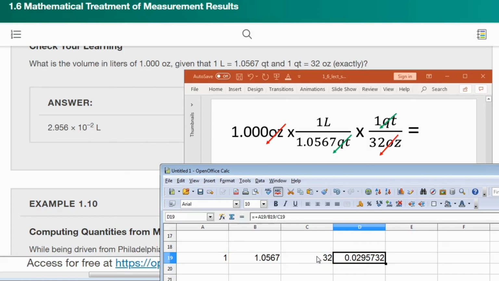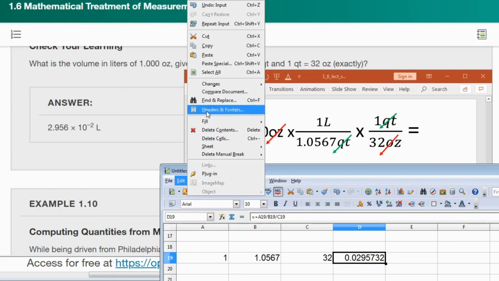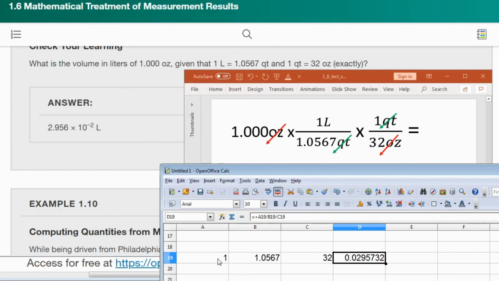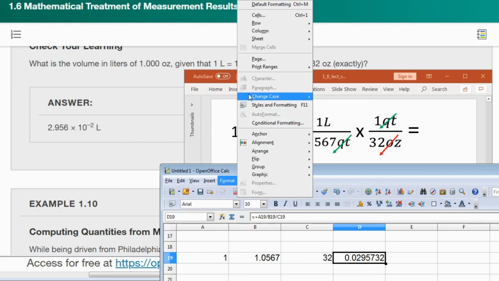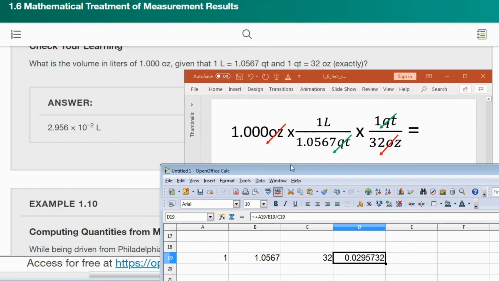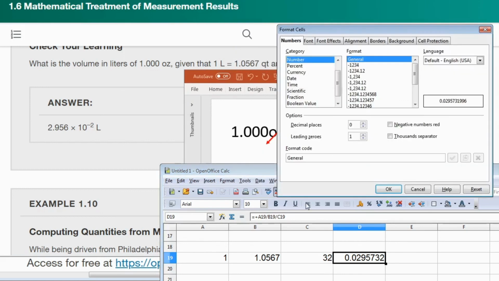Now remember what I said, you can cheat a little bit and use the formatting feature to automatically generate the scientific notation if the result is to be in scientific notation. They chose to represent it in scientific notation.